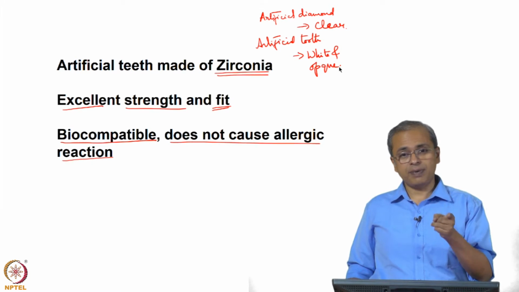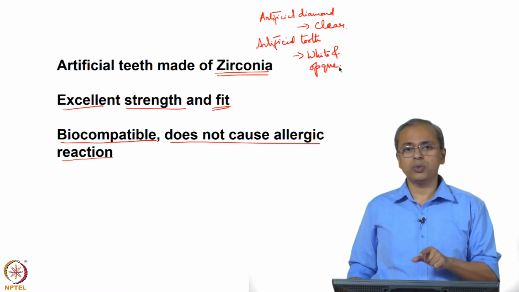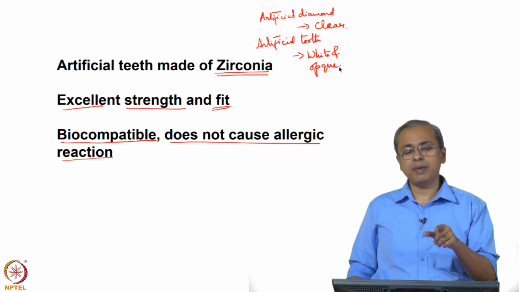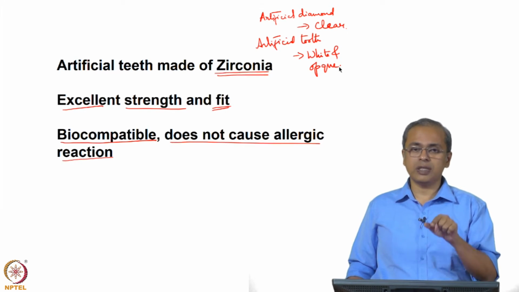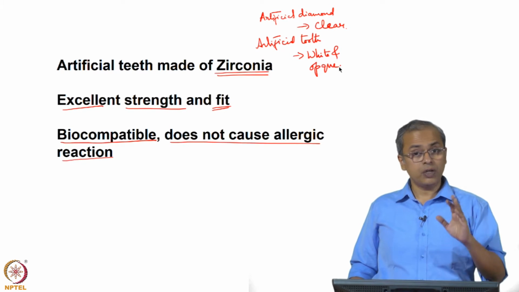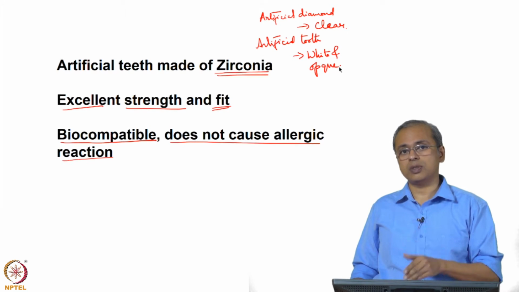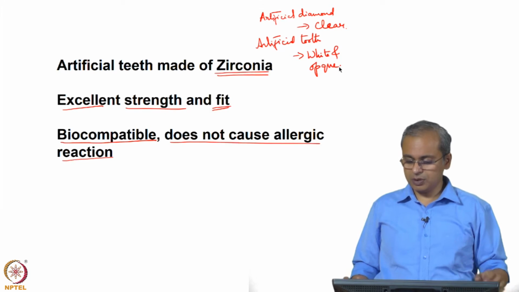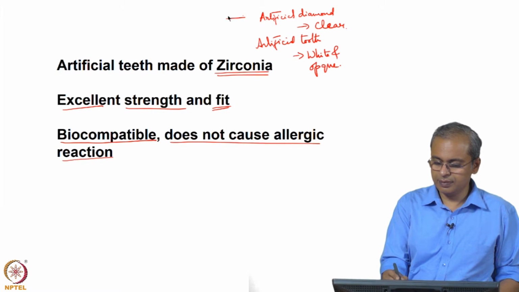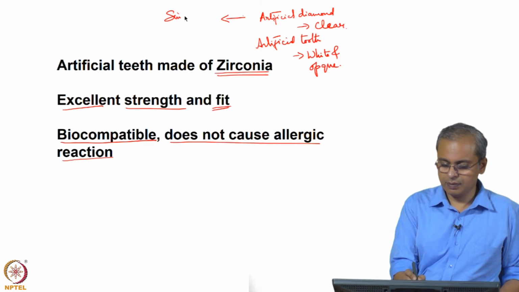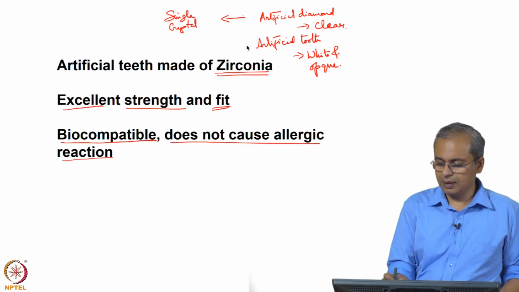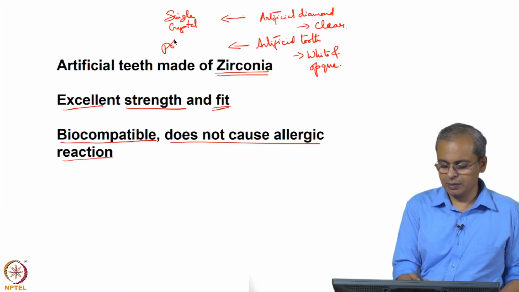When it is used as an artificial tooth, it is still the same material with the same large band gap. So, technically even as an artificial tooth, it should not absorb any light, and you should see a transparent tooth. You do not see that, you see a white tooth, because it is polycrystalline. In this case it is a single crystal; in this case it is a polycrystal.